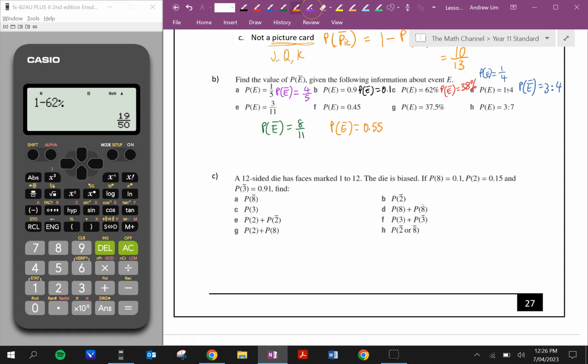For question G, probability of an event is 37.5%, so its complement will be 62.5%. And for question H, we've got 3 to 7, so the probability of the complement will be 4 to 7.